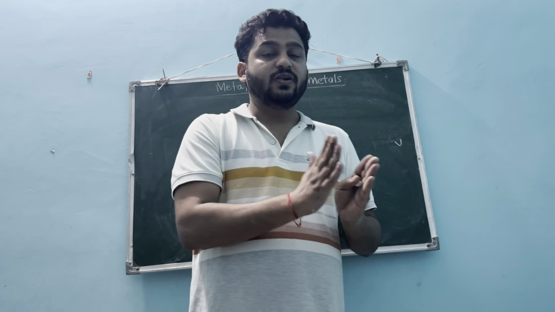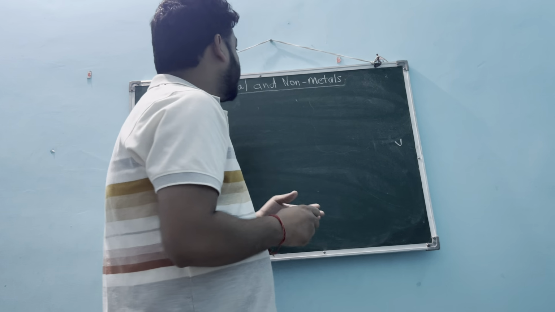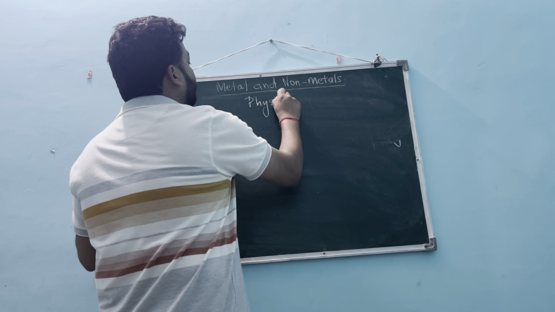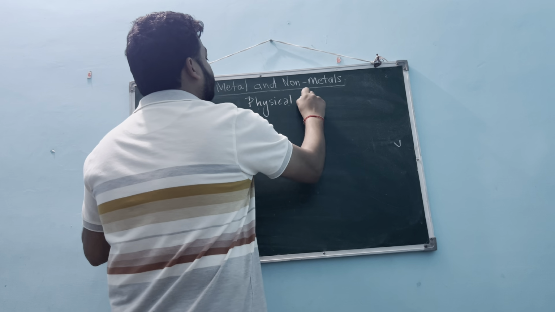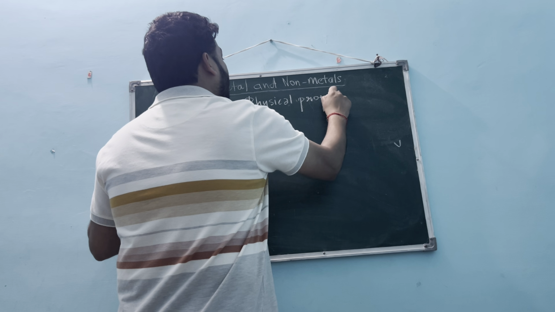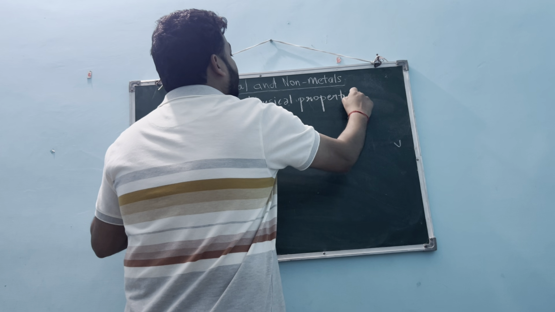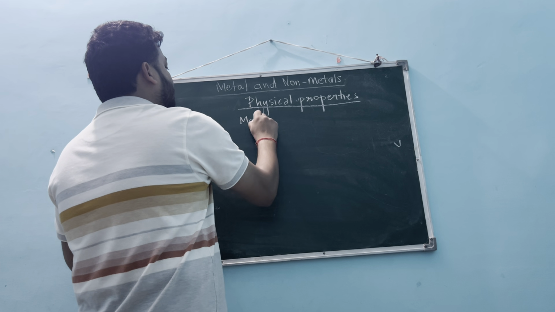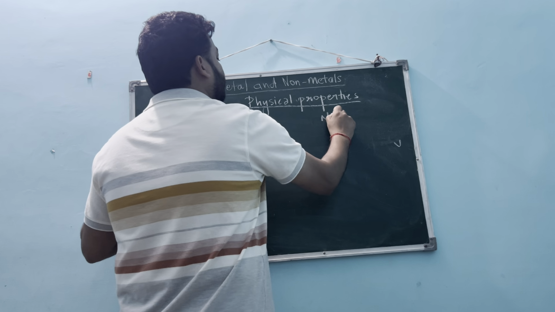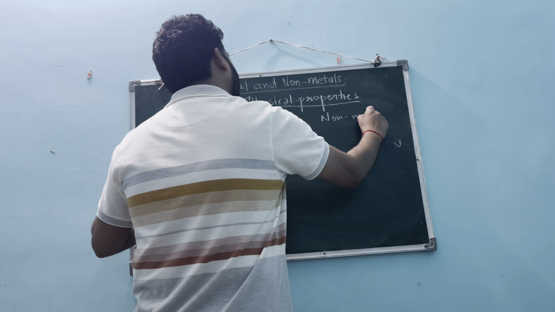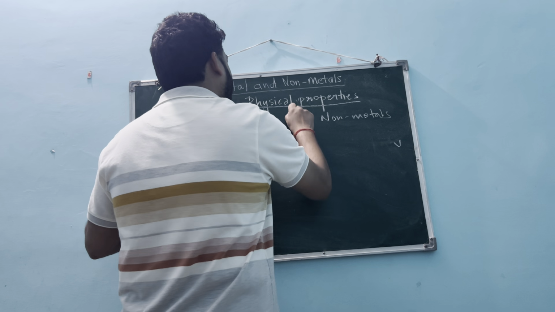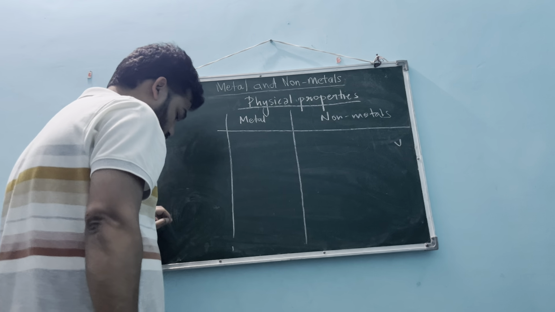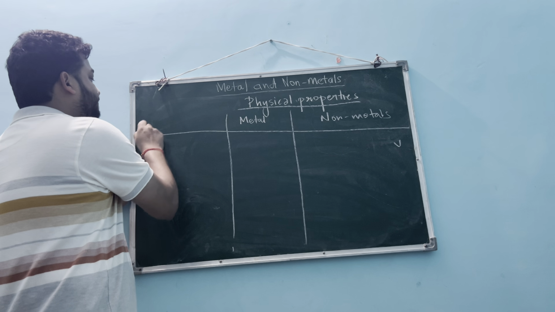Now in this chapter, we will learn about the differences between metals and non-metals on the basis of their physical properties and chemical properties. Physical properties of metals and non-metals. So I'm making a table here: metals and non-metals, and the property.